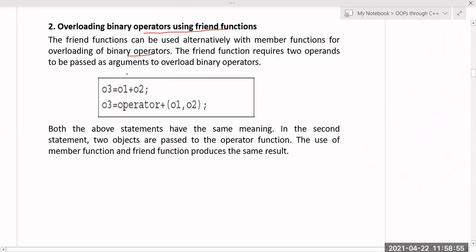The friend function requires two operands to be passed. Now I am discussing binary operator overloading. In tomorrow's class we will discuss unary operator overloading. Binary operator overloading I can perform using member functions, and I can also perform using friend functions.